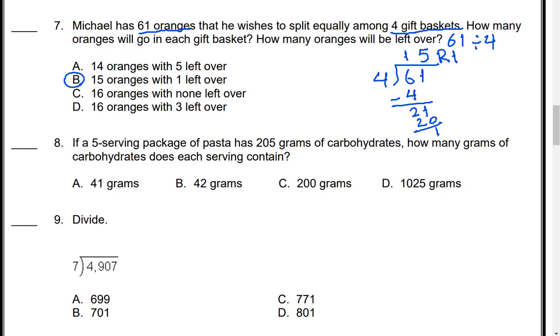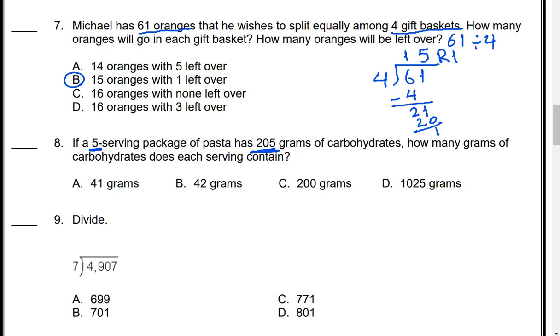A 5-serving package of pasta has 205 grams of carbohydrates. How many grams of carbohydrates does each serving contain?